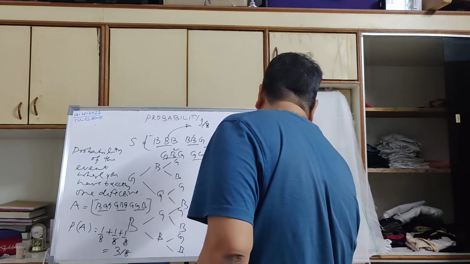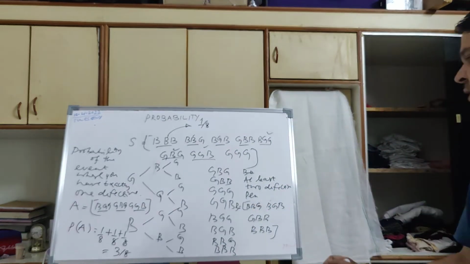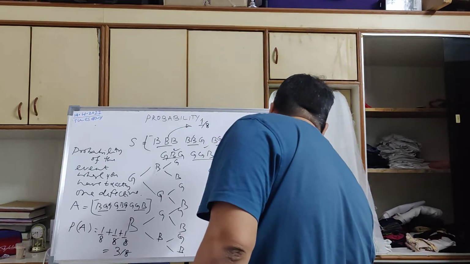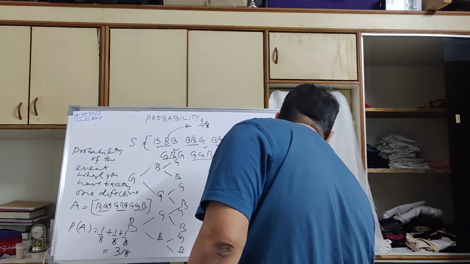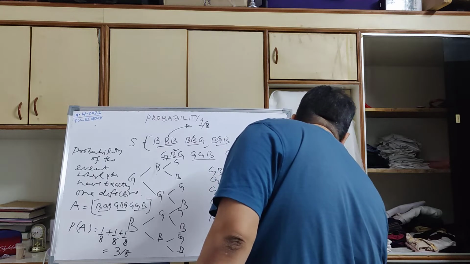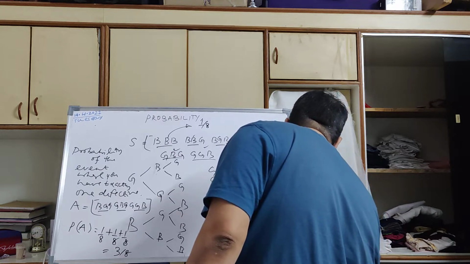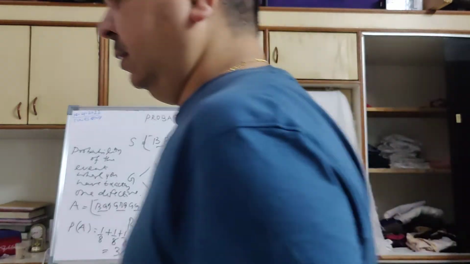So this is the event B. So here also the probability of B is 1 by 8 plus 1 by 8 plus 1 by 8 plus 1 by 8, which is equal to 4 by 8. Clear?